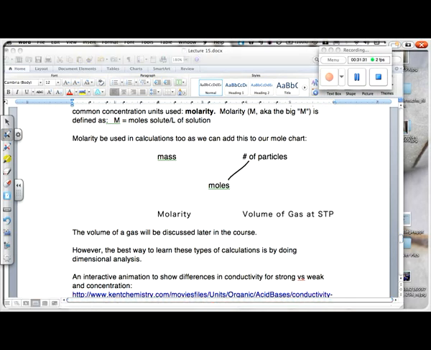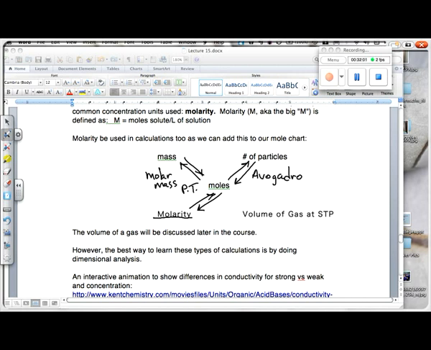Now, we talked about this way back at the beginning. Avogadro's number to go between moles and particles. To go between mass and moles, molar mass from the periodic table. Okay? Now, I can use molarity to go back and forth between moles. Because when I start to do stoichiometry in the next lecture and I'm using concentration, then I need to be able to get to moles.